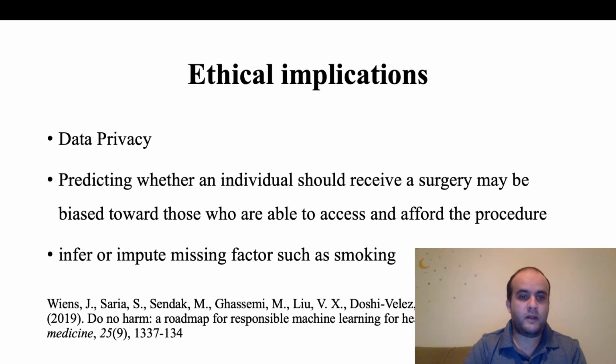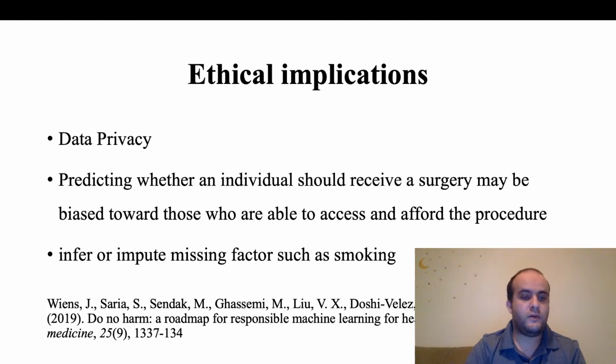Another ethical issue is that predicting whether an individual receives, for example, surgery may be biased toward those who are able to access and afford the procedure. For example, the machine learning has learned, okay, I am recommending surgery only for those who can afford it. Based on the previous records, only high-income people are recommended to have surgery, otherwise they will not. So how can we avoid these ethical challenges?